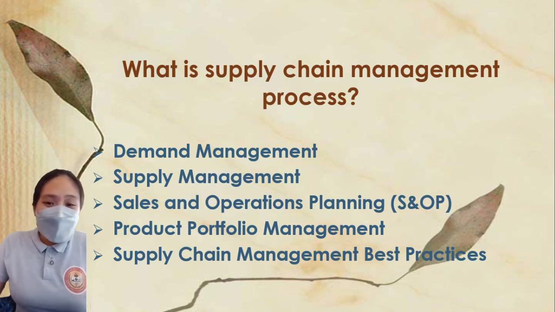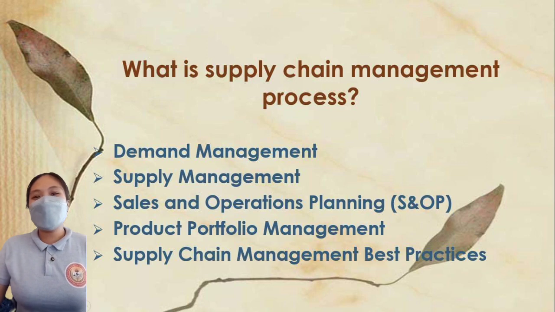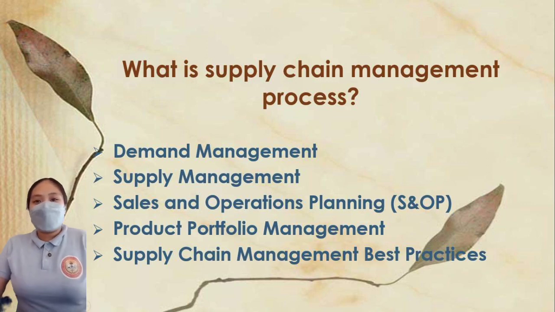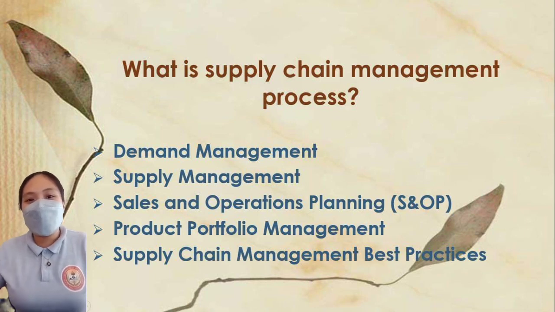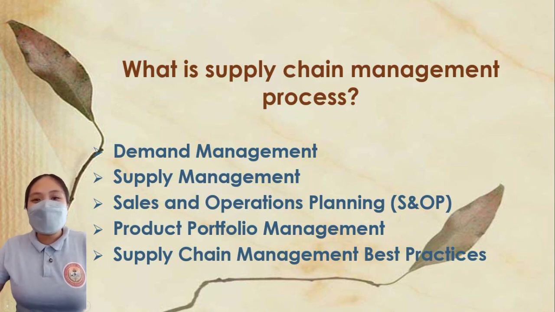The fourth, product portfolio management, is the process from product idea creation to market introduction. A company must have an exit strategy for its product when it reaches the end of its profitable life or in case the product doesn't sell well.